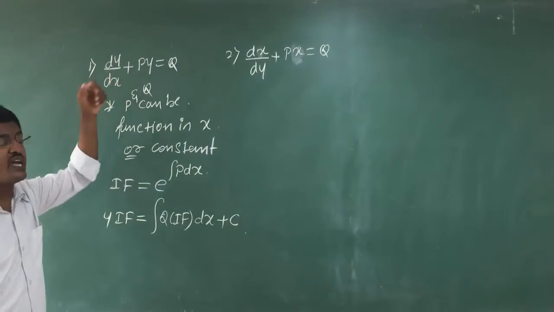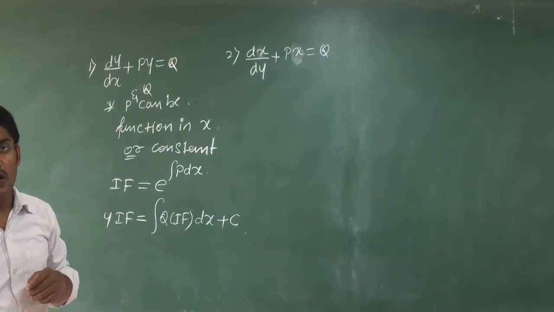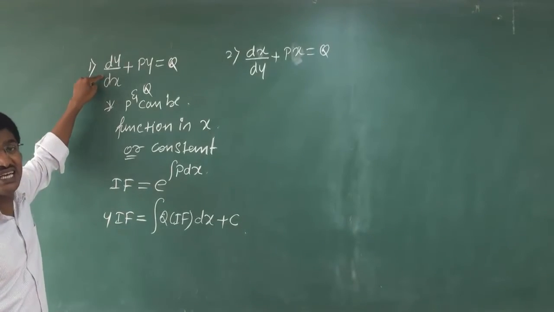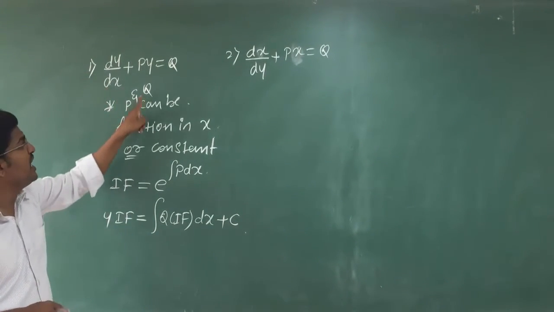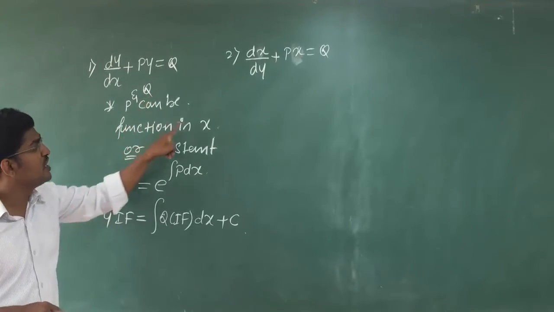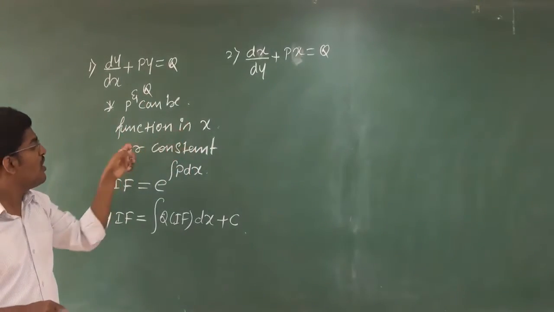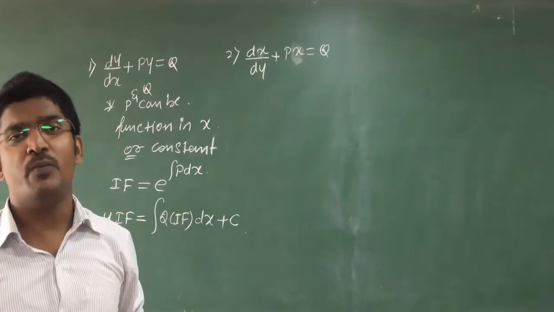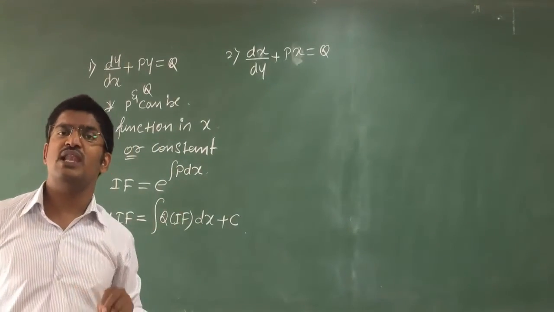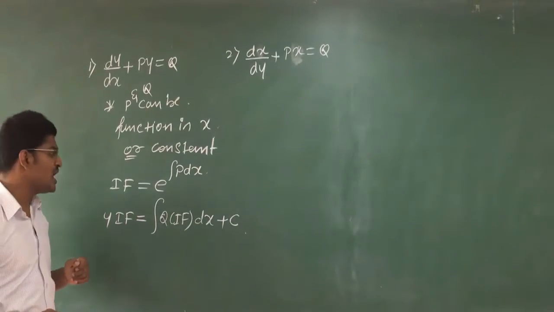So first you check whether it is a linear differential equation or not. If this form is present, then it is a linear differential equation. In this you have to check whether p and q are functions in x or constants. If they are constant, no problem. If they are functions in the variable x, that is also no problem. Clear?